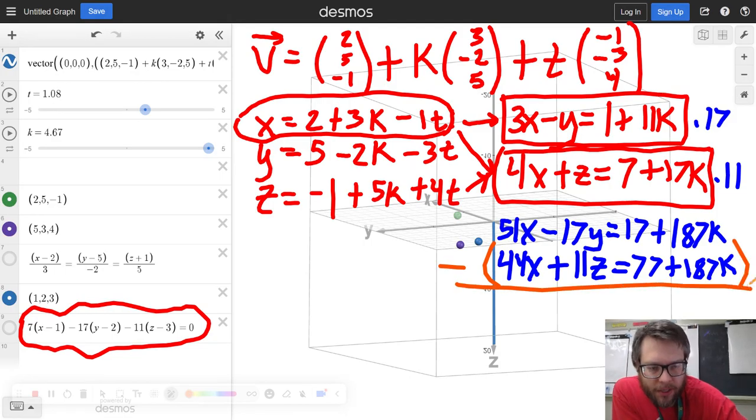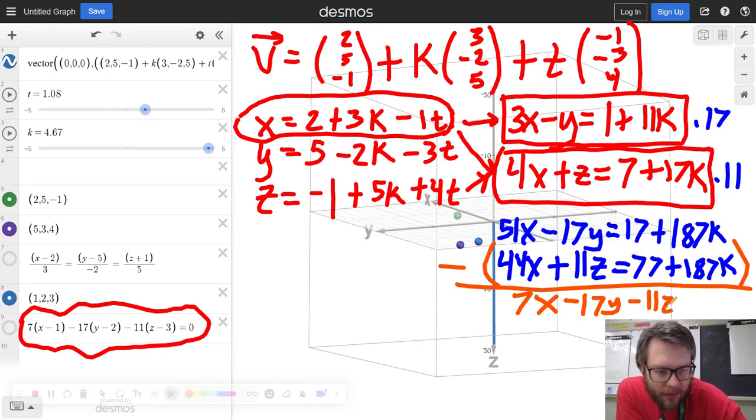Okay, 51 minus 44 is 7. Negative 17y minus, there's no y's in that bottom equation, so we just remain at negative 17y. Top minus bottom, there's no z's on top, so nothing minus 11 is negative 11z. And then 17 minus 77 is negative 60.